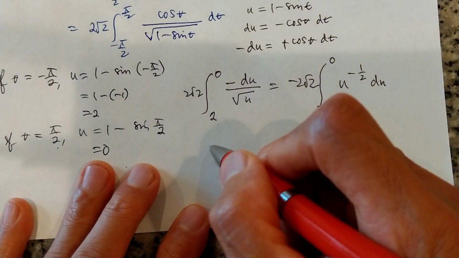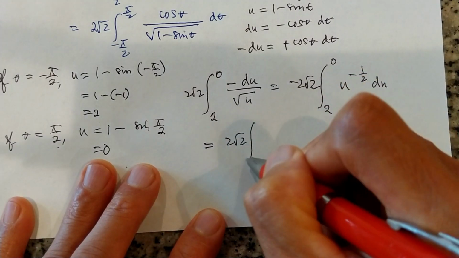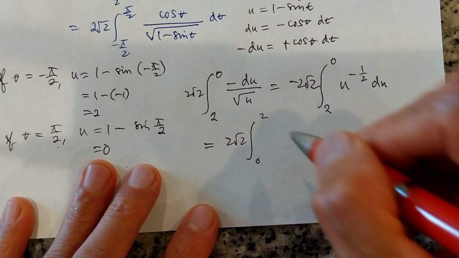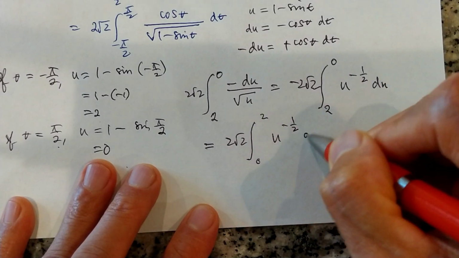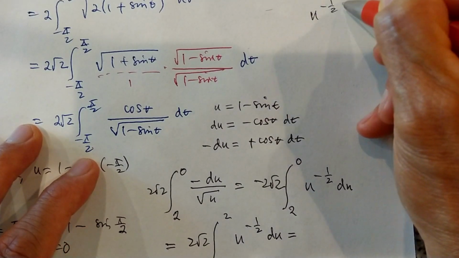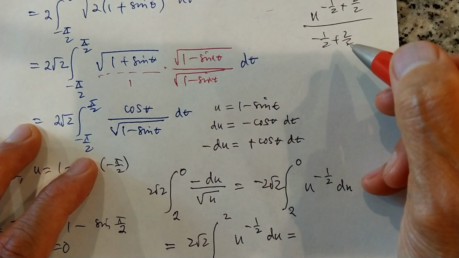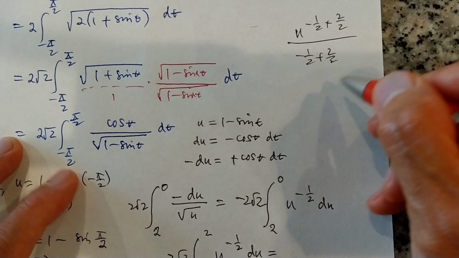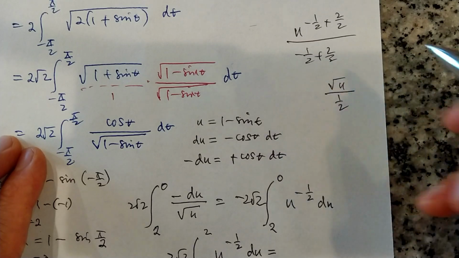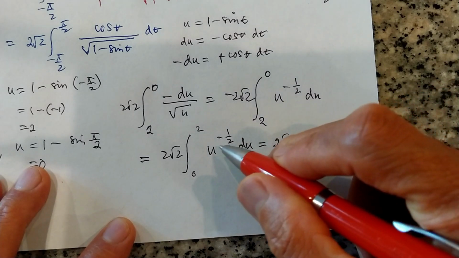So our integral now becomes 0 to 2, but this time it's positive, of u to the negative 1/2. Using the power rule, the integral of u to the negative 1/2, if we add 1, we get square root of u over 1/2, and so that's going to be 2 square root of u.